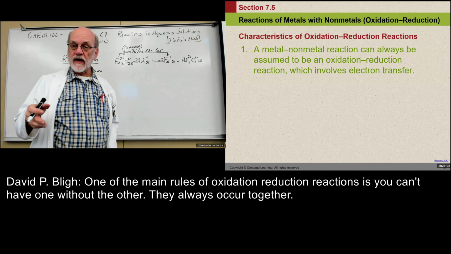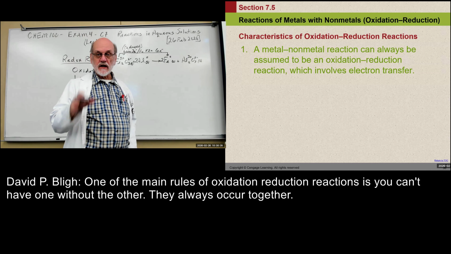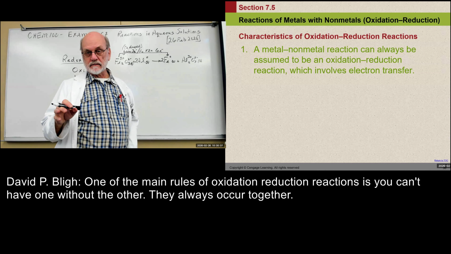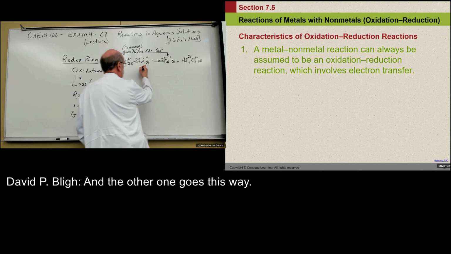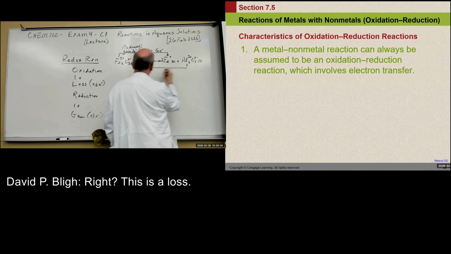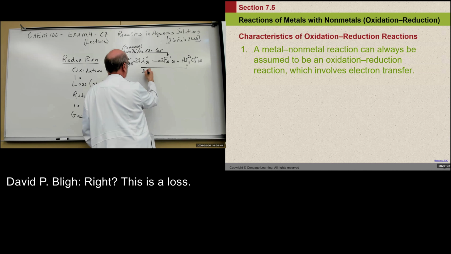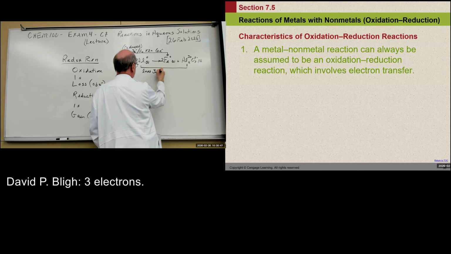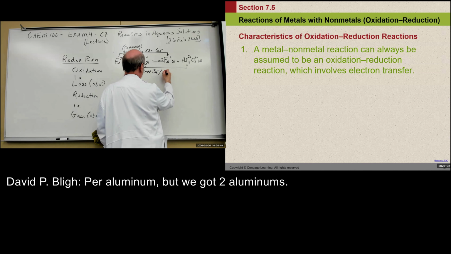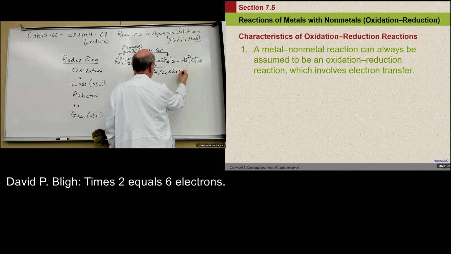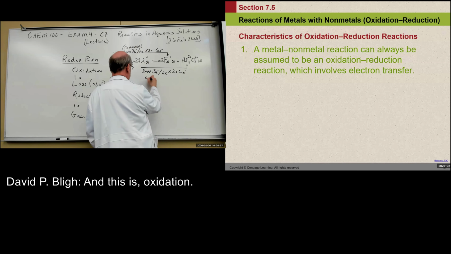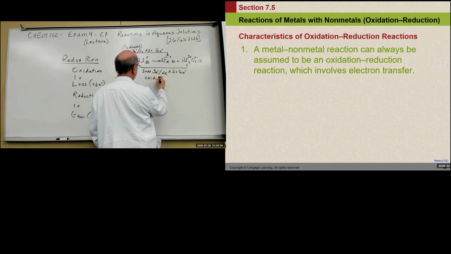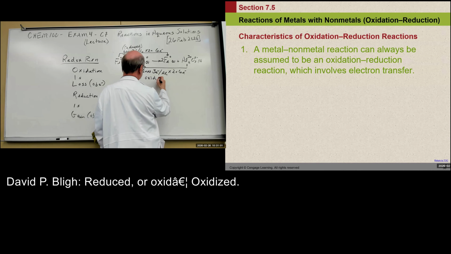One of the main rules of oxidation reduction reactions is you can't have one without the other. They always occur together. And the other one goes this way. This is a loss of 3 electrons per aluminum, but we have 2 aluminums, so 6 electrons. And this is oxidation.